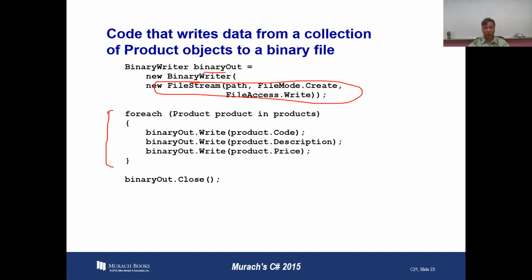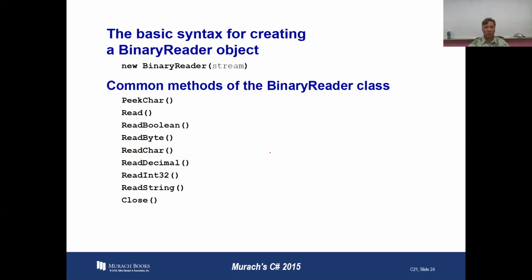We're writing out the properties, and we're using the write method here, and we don't need to do a write line or anything, because that's text talk. So we just write these values out one at a time. We loop till we're done, and we close it.